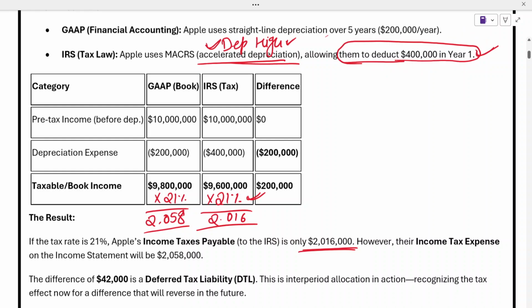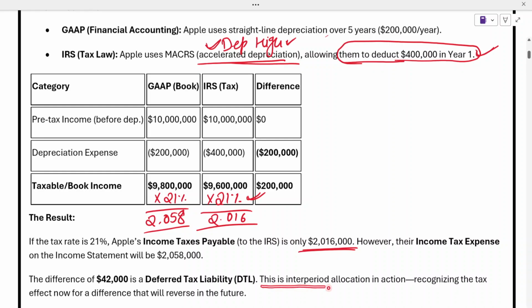In future we will get lower depreciation, so somehow in future we need to pay our taxes, and we shall see these things through multiple examples. When we pay those taxes in future, the difference right now will create a liability for us, and to that extent we are saying this $42,000 is a liability, and we are calling it a deferred tax liability because these taxes will be paid in future. So this is the basic concept.